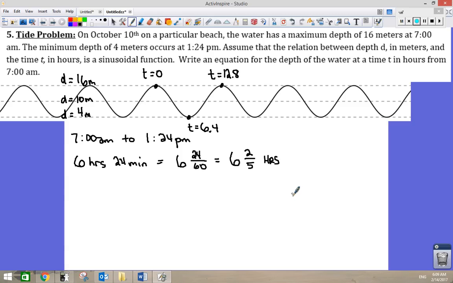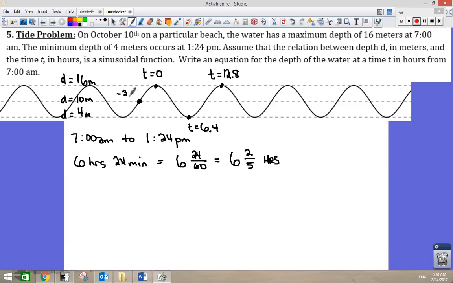T hours from 7 a.m. So is there really a problem with saying that so many hours before 7 a.m.? I don't see where that would necessarily be a problem. So half of 6.4 is 3.2.